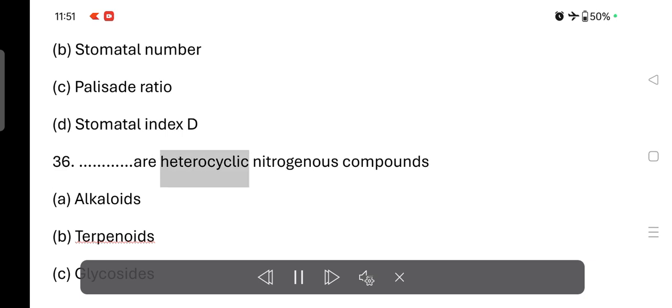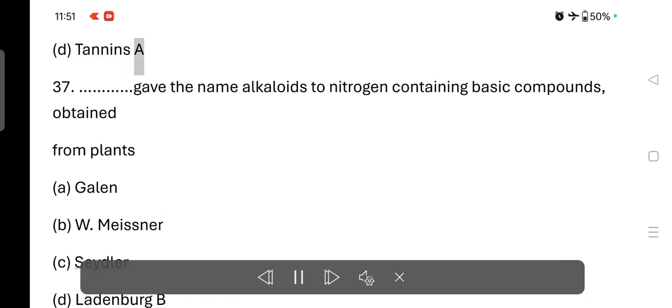36. A heterocyclic nitrogenous compounds. A. Alkaloids. B. Terpenoids. C. Glycosides. D. Tannins. Answer: A. 37. Gave the name alkaloids to nitrogen-containing basic compounds, obtained from plants. A. Galen. B. W. Meissner.